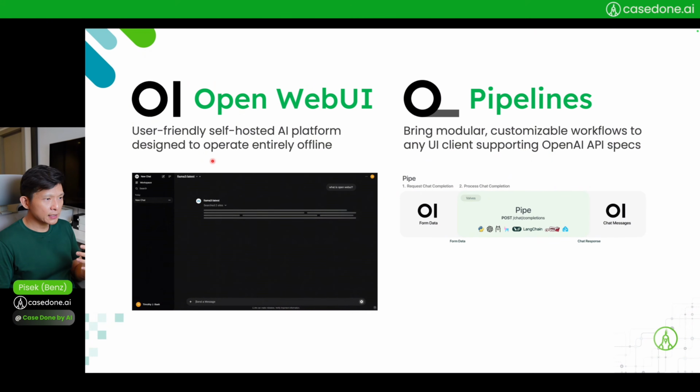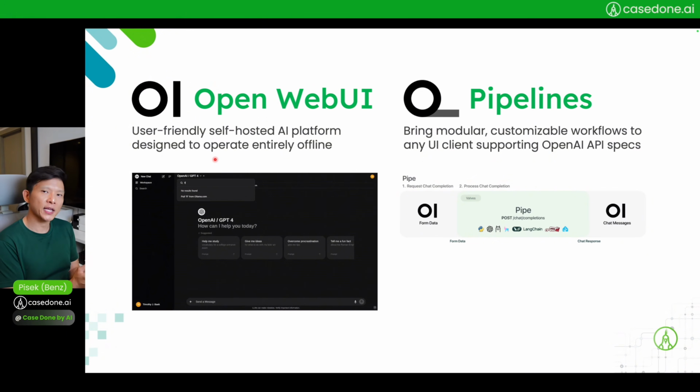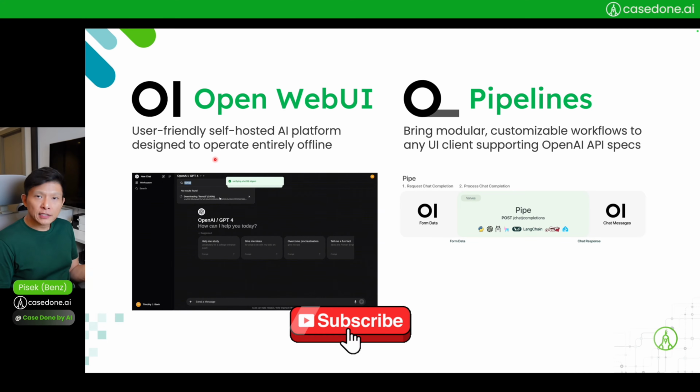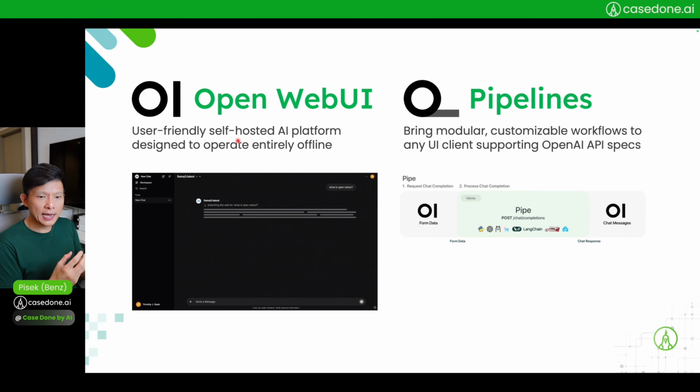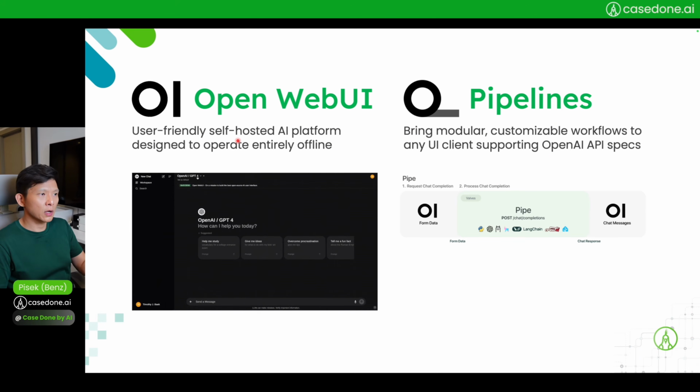Open WebUI is an open source tool allowing you to have a chat interface at least, but it has more capabilities, like it can do retrieval augmented generation. You can upload files and it will act as a knowledge base for you. You can chat with those knowledge bases and you can integrate with Ollama, serving models locally.